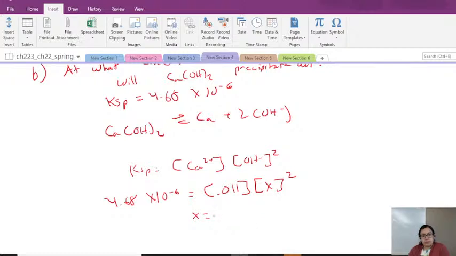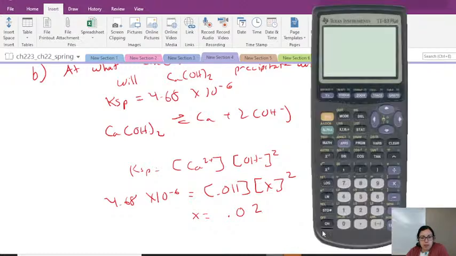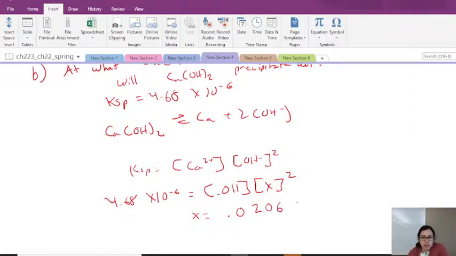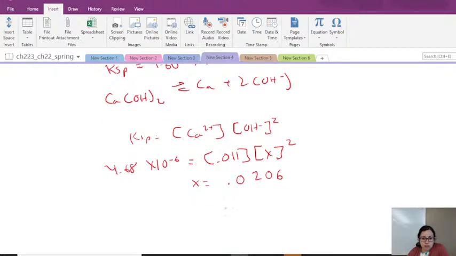I got 0.0206. Perfect, so 0.0206 then. Excellent.